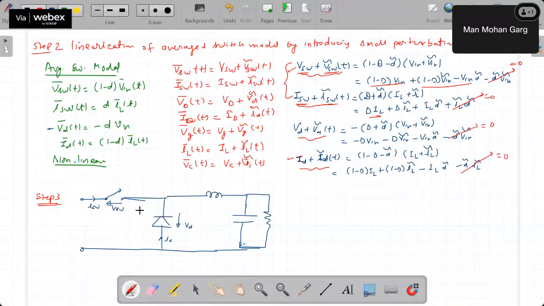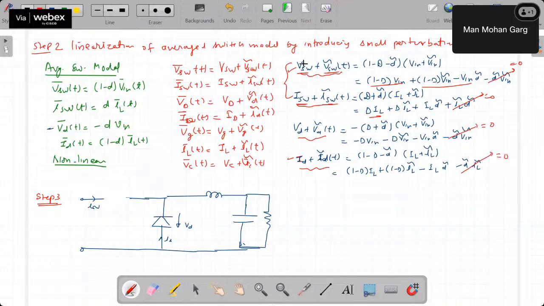Now, what we are going to do, we are representing this switch VSW with its voltage. So what I do, I just remove this switch such that its terminal behavior does not change. Its terminal behavior does not change. So, let me take this red one. I am replacing the switch.